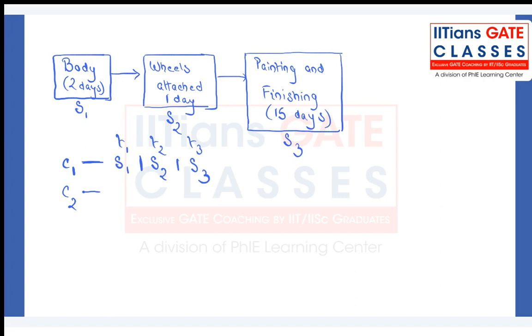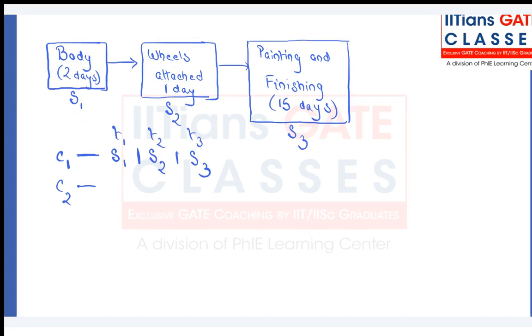The other thing, if you notice, look at time T2. At time T2, car 1 is currently in stage 2, where the wheels are being attached. So can't I just create the body of car 2? The body of car 1 has already been created at T1, and now the wheels are being attached in T2. Can't you create the body of car 2 then?